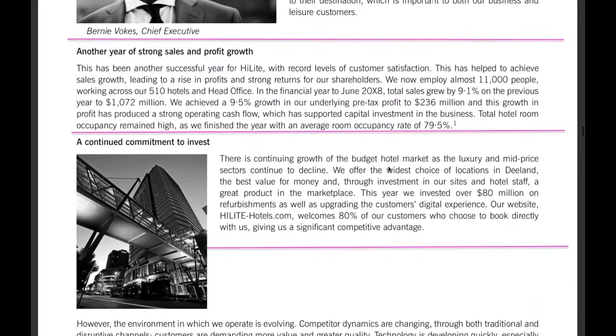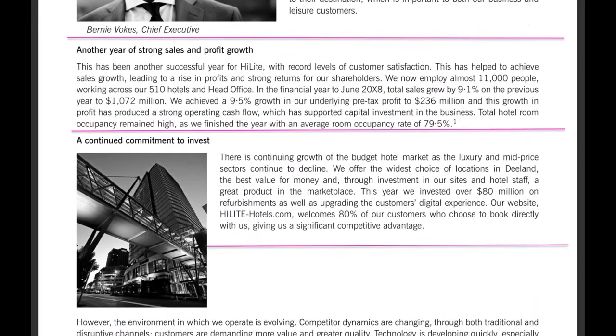Okay, what else can we find here? Okay, let's have a look. This has been another successful year for Highlight, with record levels of customer satisfaction. All right. This has helped to achieve sales growth, leading to a rise in profits and strong returns for our shareholders. We now employ almost 11,000 people working across our 510 hotels and head office.